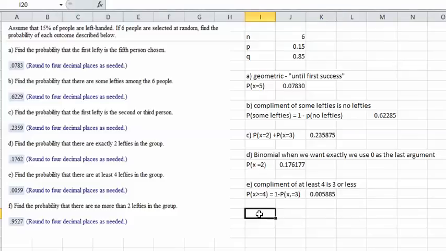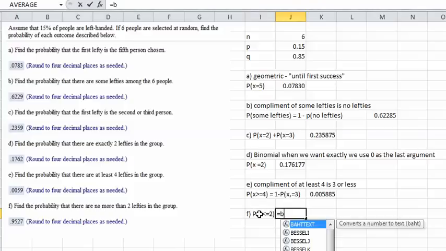And finally then for F, find the probability that there are no more than 2 lefties in the group. That's just straight binomial, and that is the accumulation up. So that's going to be the probability that x is less than or equal to 2. You'll just go equals and then binomial distribution, which is right here.